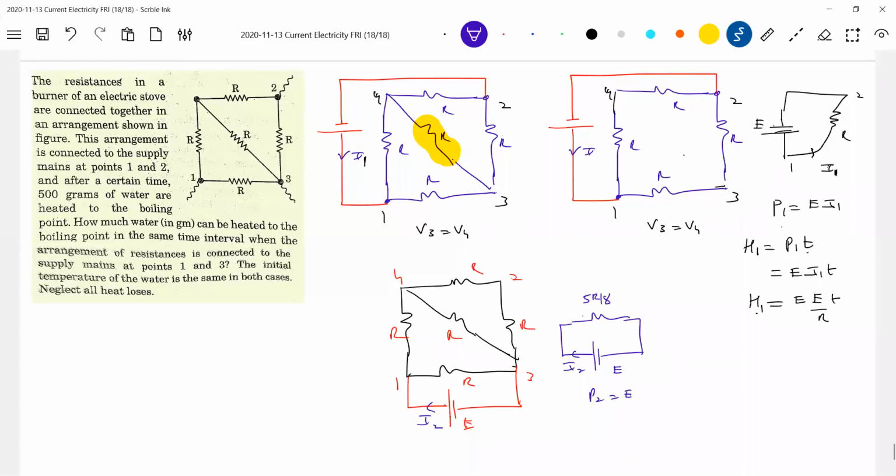Power equals E into I2, which is E by 5R by 8, or 8E square, by 5R. This is P2. So then what is H2? H2 should be equal to P2 into T.